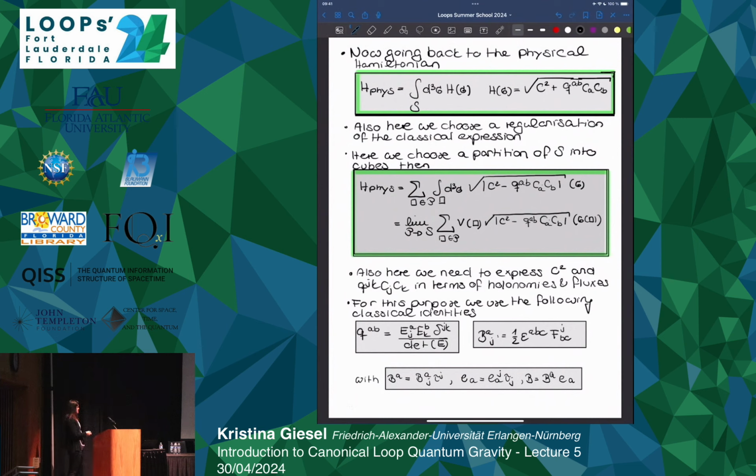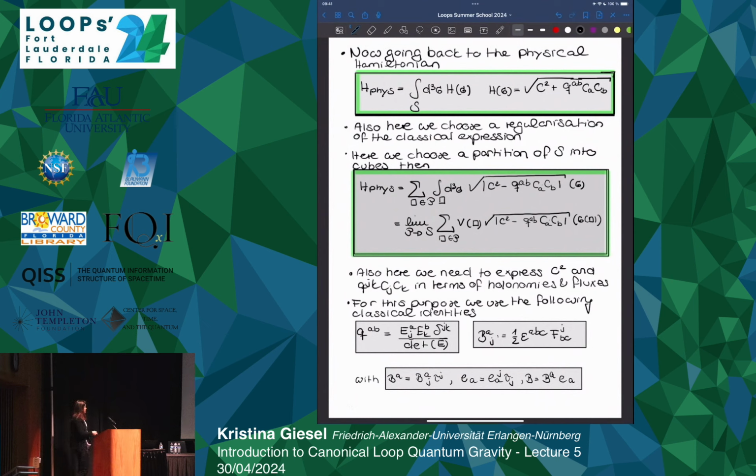B^a_j is the contraction of our F^j_bc with some epsilon tensor. And this B^a is again Lie algebra valued, so we can expand it in terms of our tau j's.